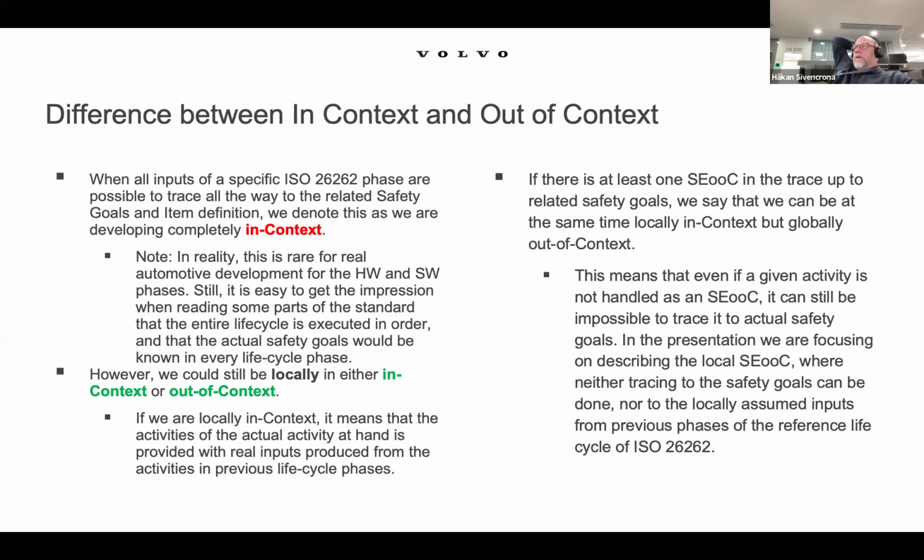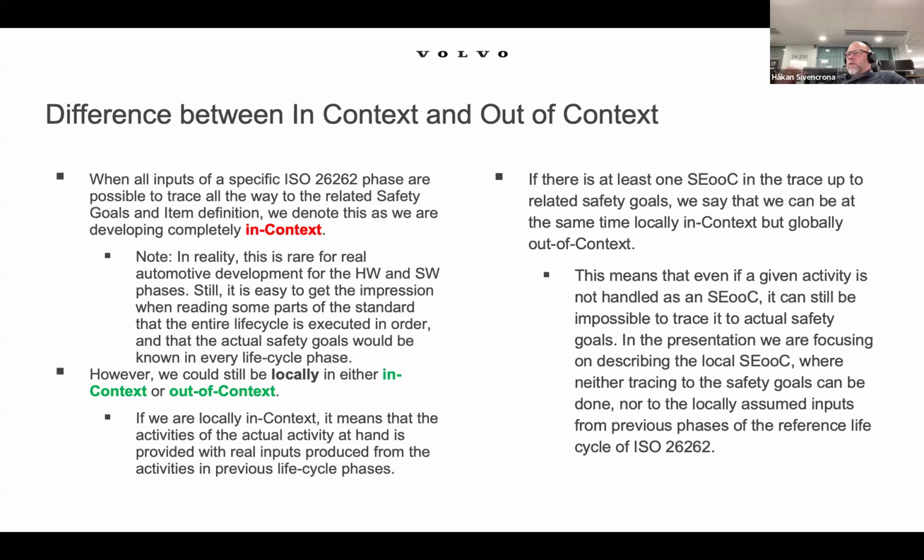It's usually a negotiation that we need to do. But we would like to look into also locally in context or out of context. If we are locally in context, it means that we actually have the previous input or the life cycles that should have been done.